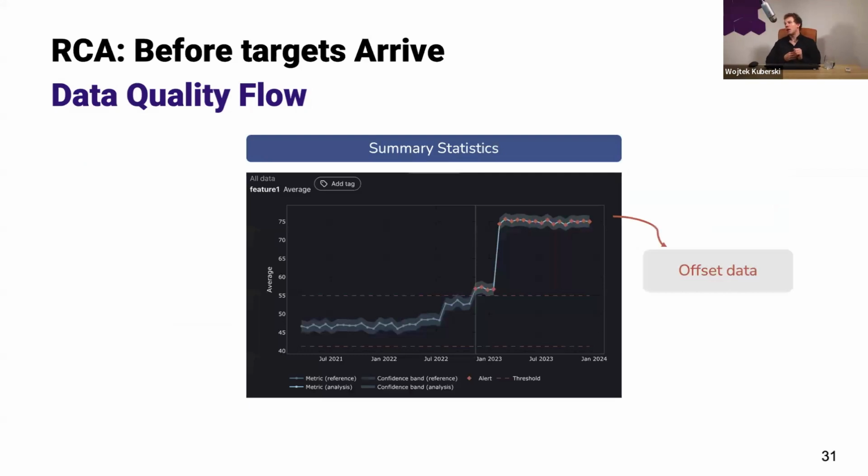Quickly going over how it looks: if we look at our summary statistics and the average just jumps in a very strong way from one chunk to another, that probably means that something up there in the data pipeline changed. Either the unit changed, for example from kilogram to pound or the other way around, or the currency changed from one currency to another, and then we would expect this kind of jump in the data.